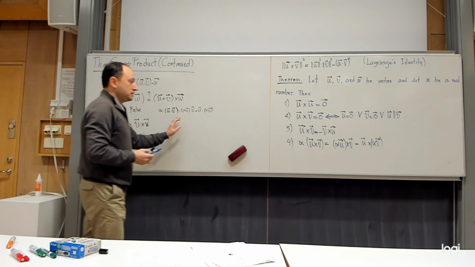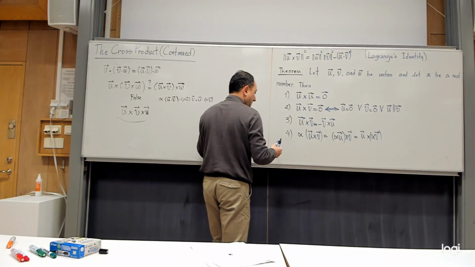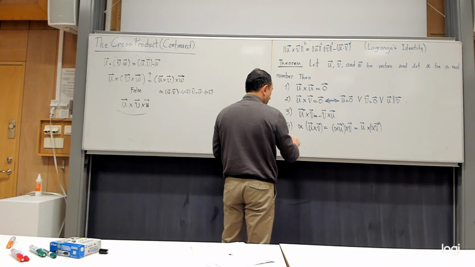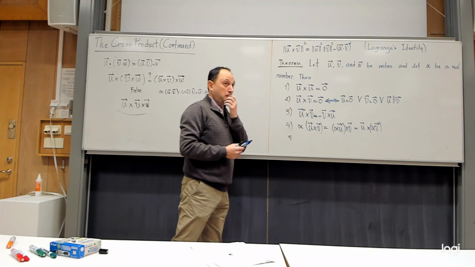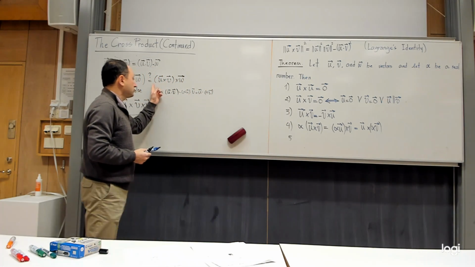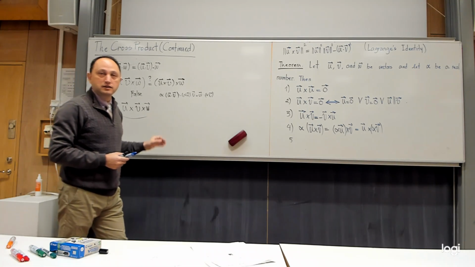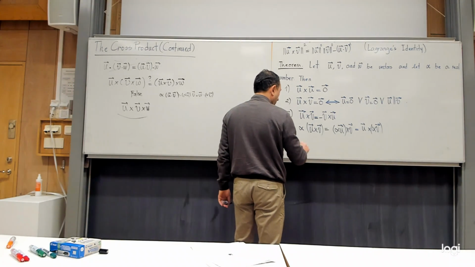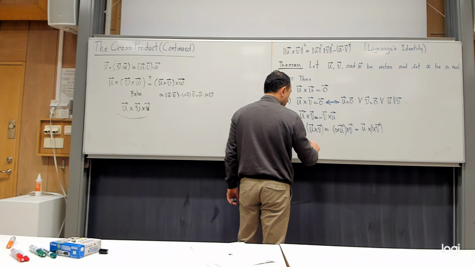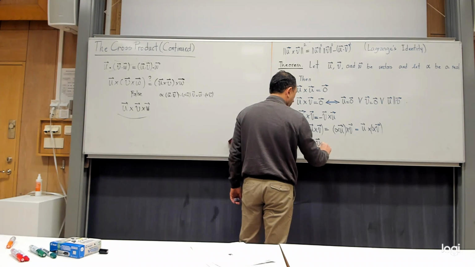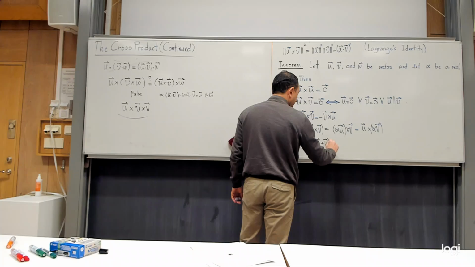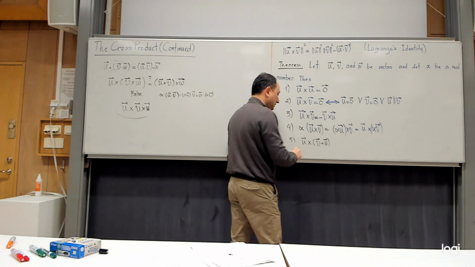Another one, which is hard to prove, we skip for the time being, and that is even though we lose commutativity, we lose associativity, we do not lose distributivity. That's very nice, yes? So it means that if I have u cross v plus w, I can distribute it.